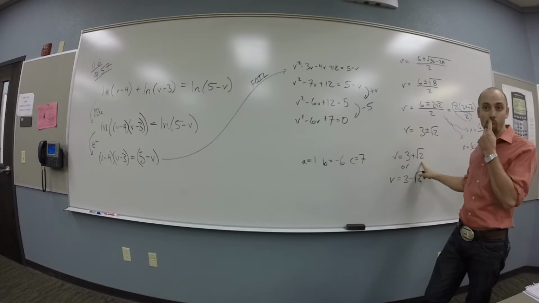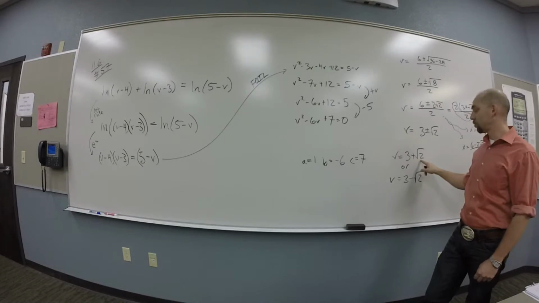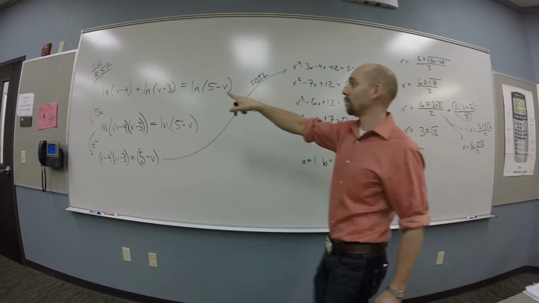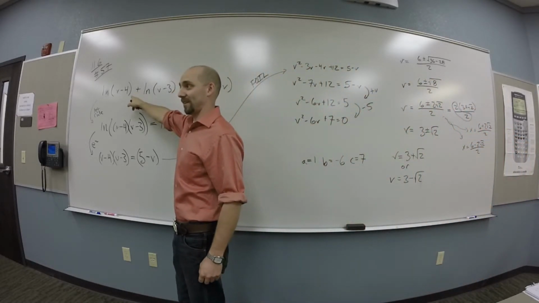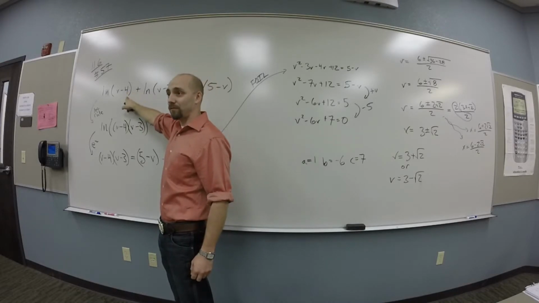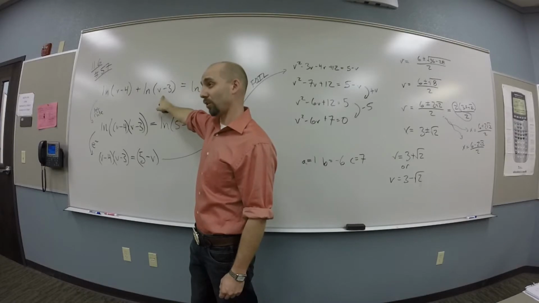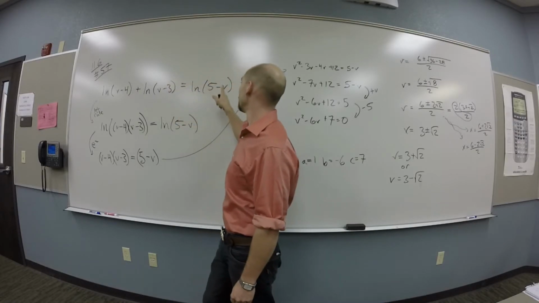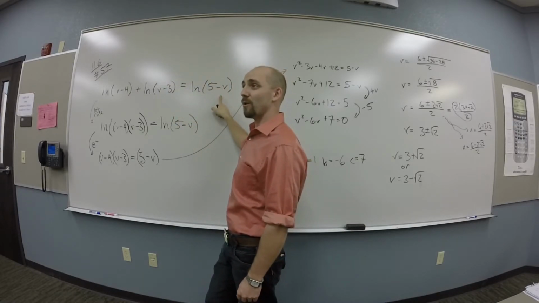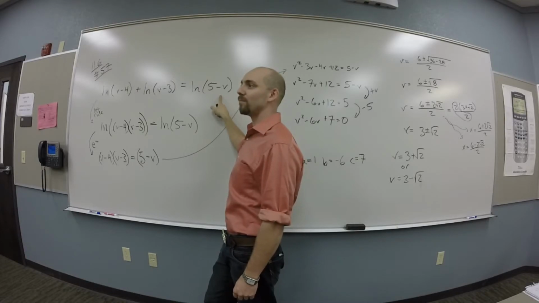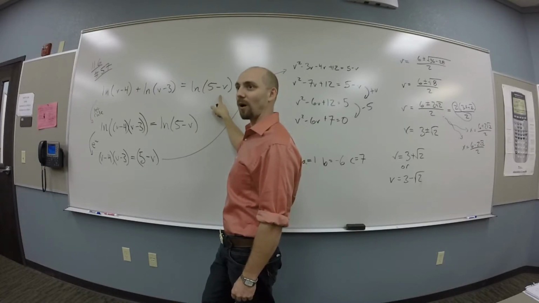But remember I'm subtracting 4 from it. So if it's smaller than 4, I'm in trouble. This one says if it's smaller than 3, I've got problems. This one says not smaller than, but bigger than 5 causes problems.